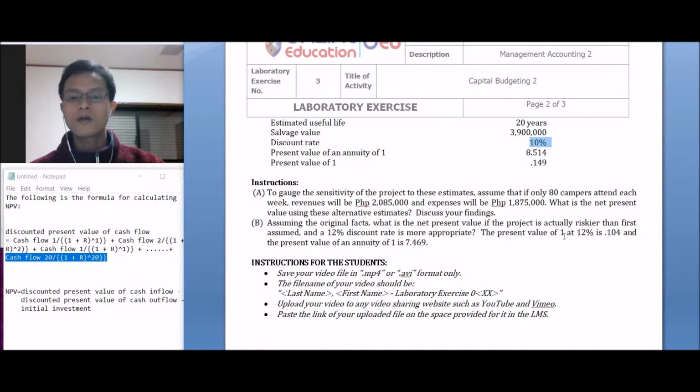The present value of 1 at 12% is 0.104, and the present value of an annuity of 1 is 7.469. Okay, so we are going to use the same facts as provided in the scenario, only that the discount rate has changed. It's 12%.